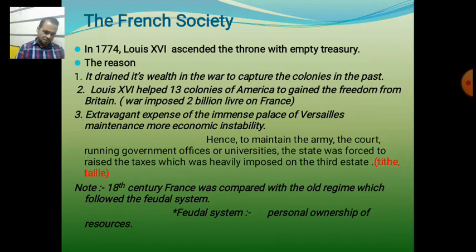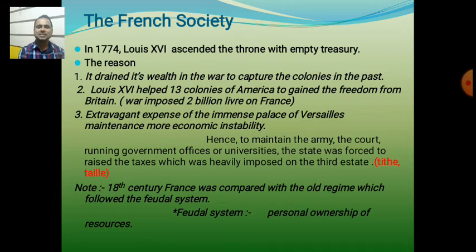Now see, in that particular period of time, in 18th century France, the feudal system was in execution. It means the feudal system was existing in France when Louis XVI was in power. Now, what is this feudal system?